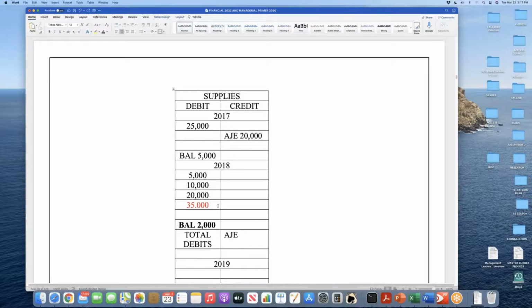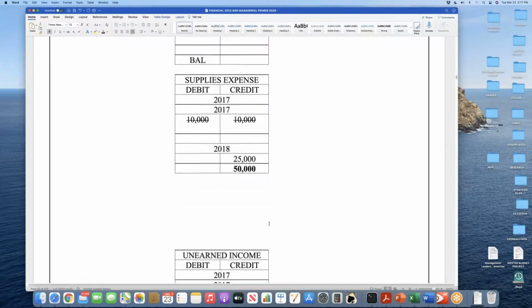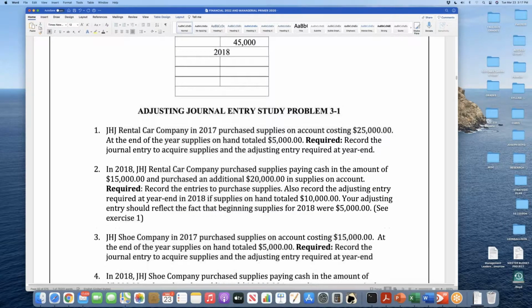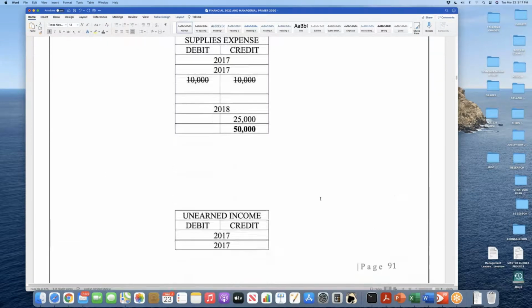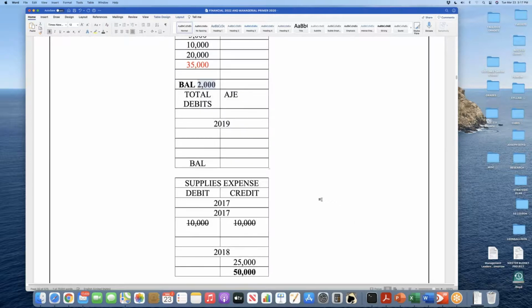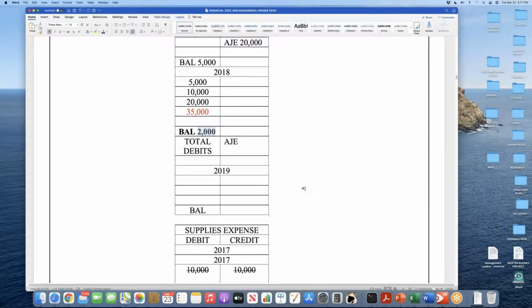What does it say the ending balance for supplies is? They say in the problem, supplies has $10,000 in it. So does that mean we spent the 25?